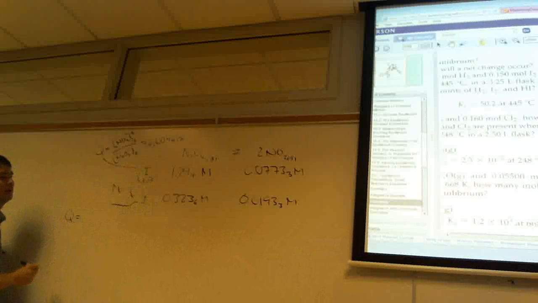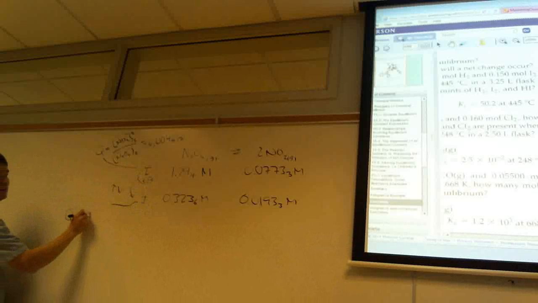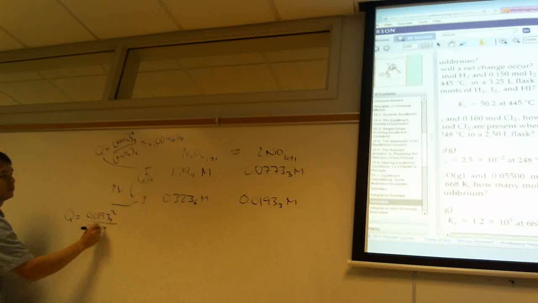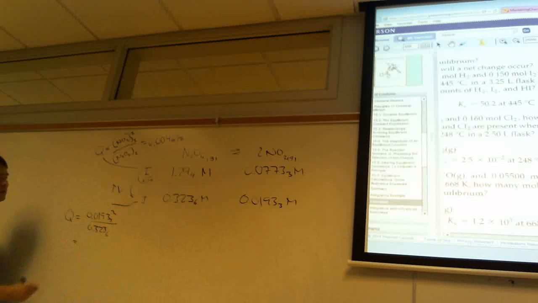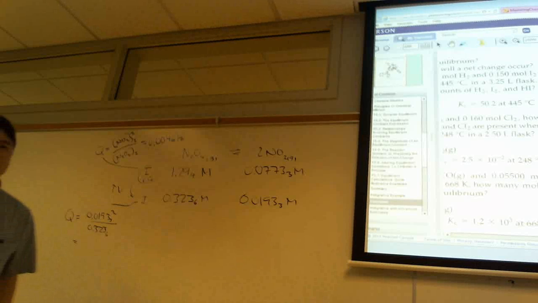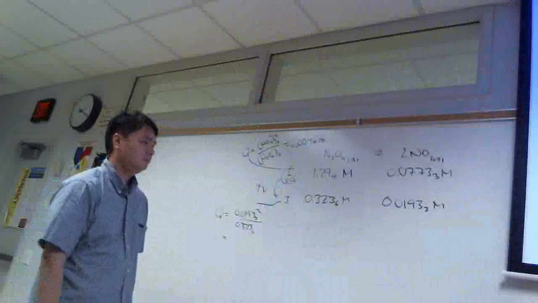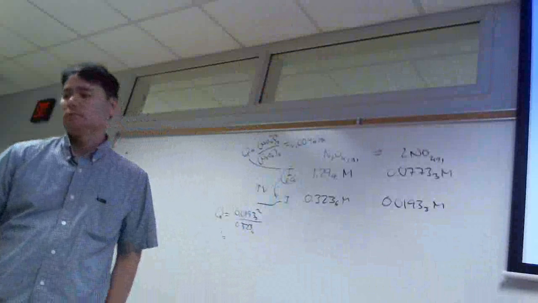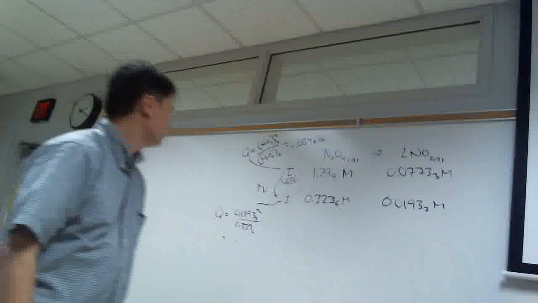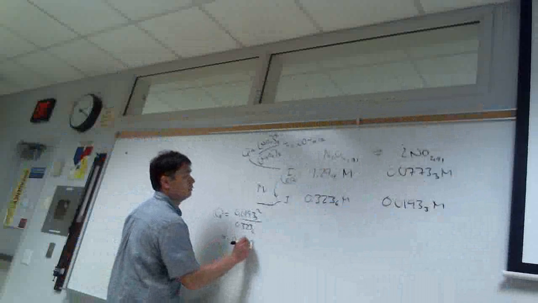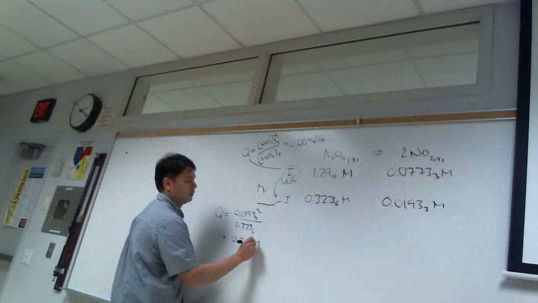Let's go ahead and calculate Q for this. Q is going to be 0.01933 squared divided by 0.3236. And so what does our Q come out to here? 0.001154.